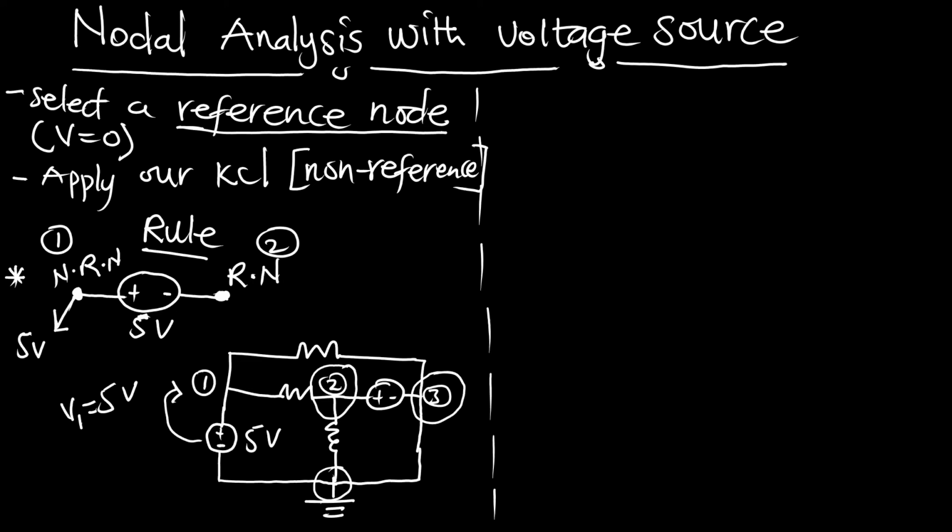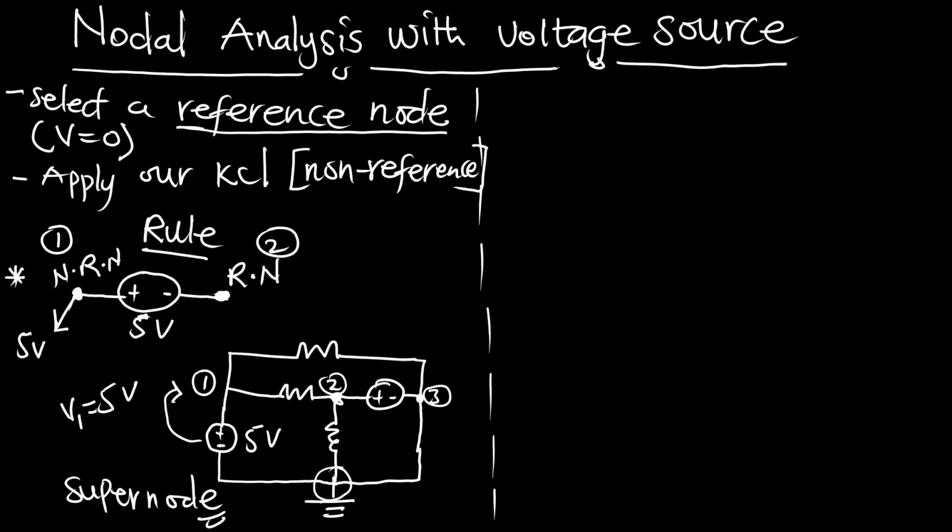Here, what we are going to do is, if the voltage is between the two non-reference nodes, then these two nodes, node 2 and node 3, are going to form what we call a supernode. A supernode. Are you okay?